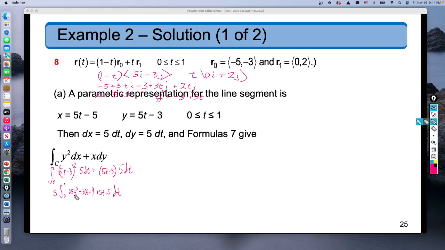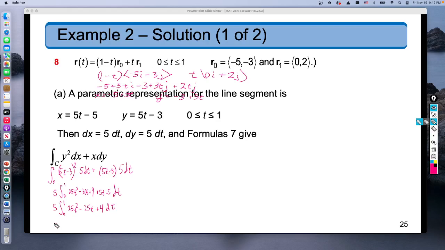Okay. And so when we combine like terms, this 5 stays out there. We go from 0 to 1. We get 25t squared. Negative 30 plus 5 gives us a negative 25t. And then we get a 9 minus 5, which is 4. dt.